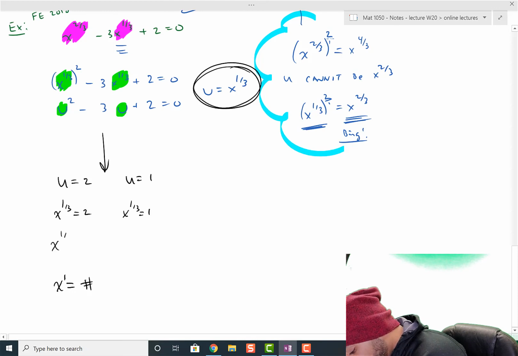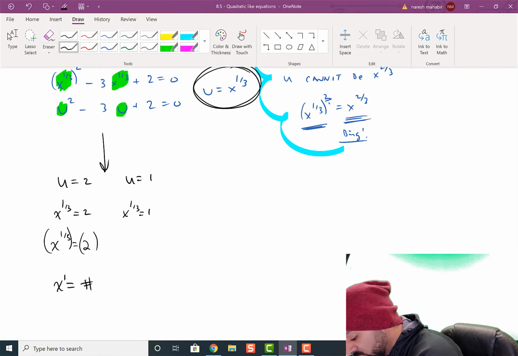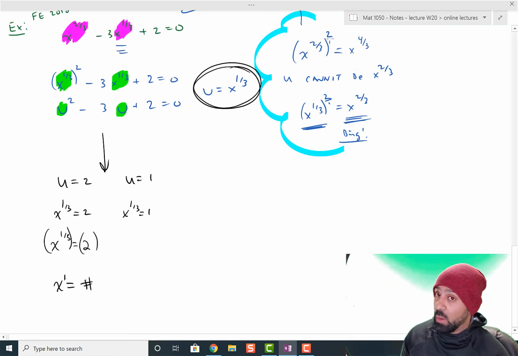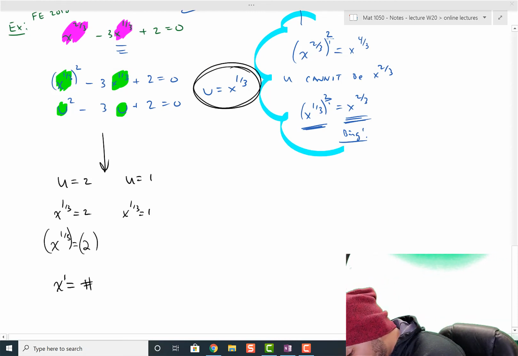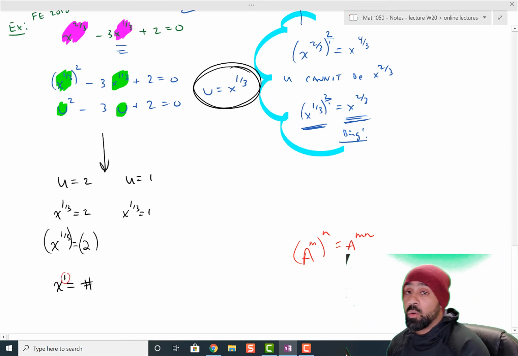What can I raise both sides to, to undo those exponents? Now, I want you to think about this, because you already know an exponent to an exponent, you multiply the two, right? And if I can multiply that by something that gives me back 1, well, now I'm cooking.